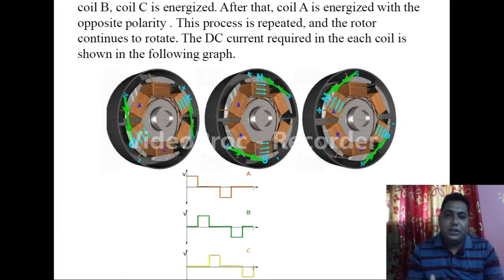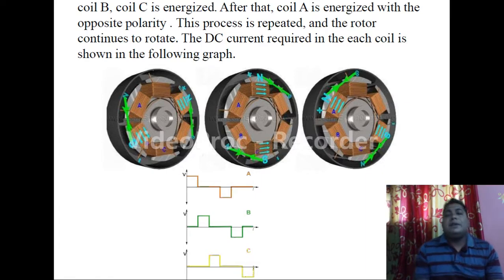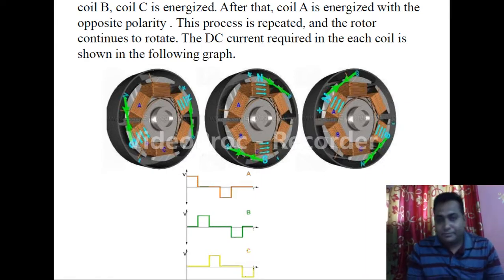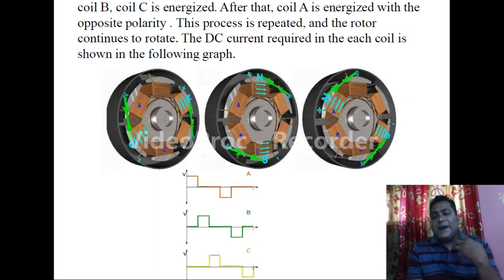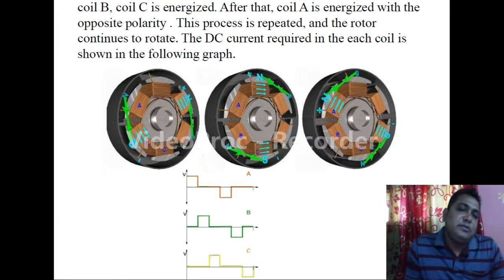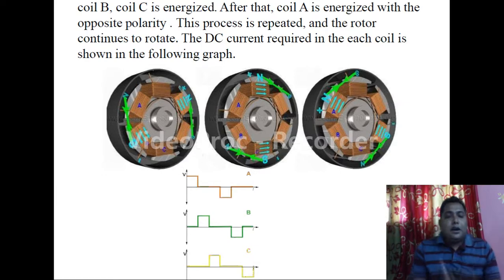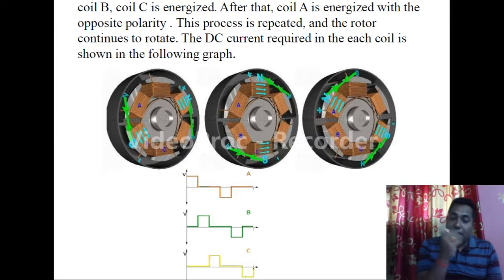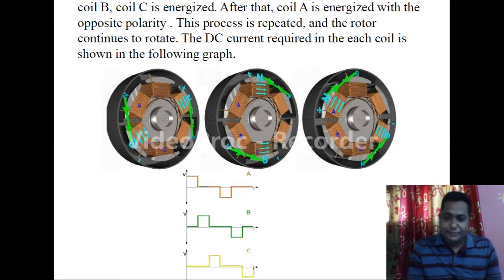It is very important for this machine, otherwise the working principle we need from this machine is not going to happen, because the function of this type of brushless DC motor depends upon the electronic circuit that gives the sequential supply to the three windings of the brushless DC motor stator.